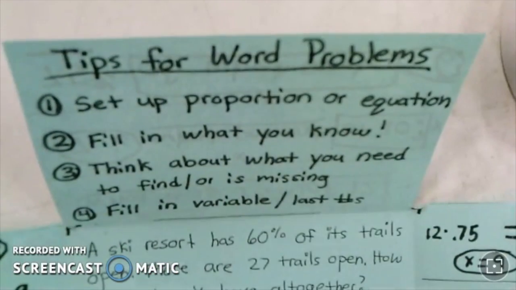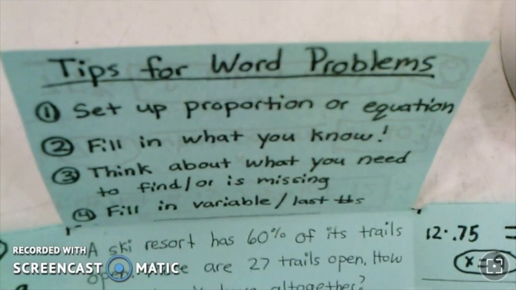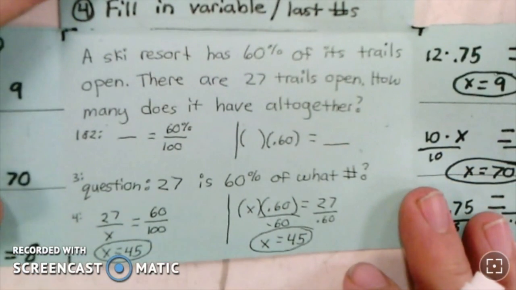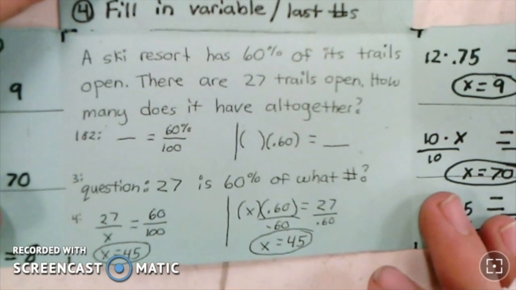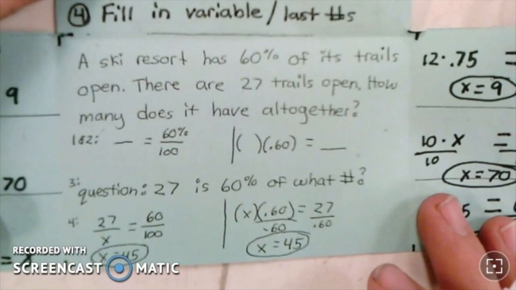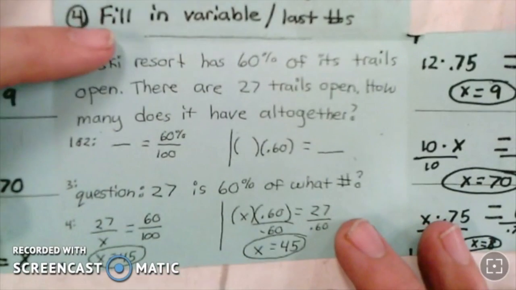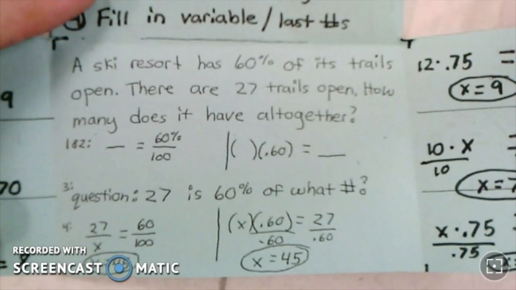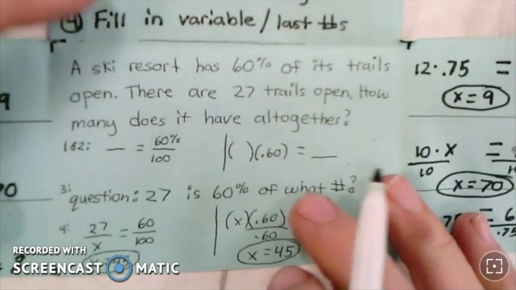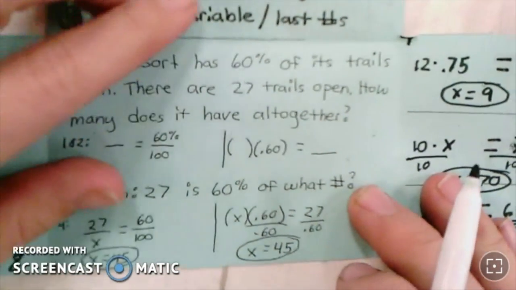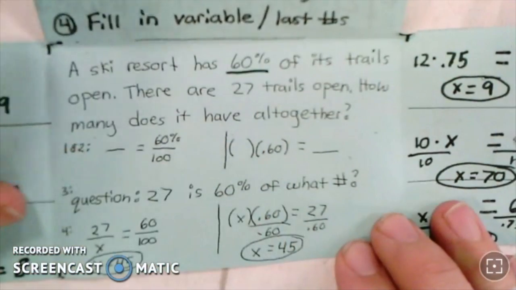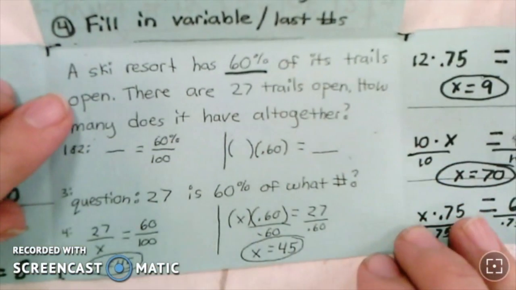All right, let's look at an example that is a word problem and see if we can pick out the key information. So, a ski resort has 60% of its trails open. There are 27 trails open. How many does it have altogether? So let's look for those key words, okay? A ski resort has 60% of its trails open.